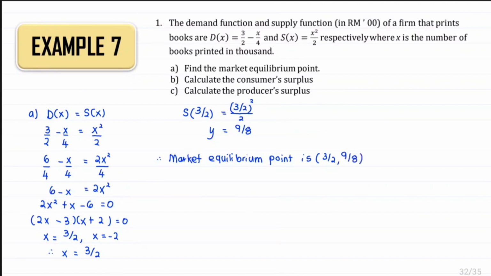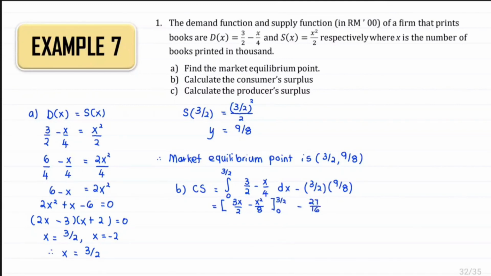Okay, next question, we want to calculate the consumer surplus. To find CS, the formula is integrate from 0 to x. Our x is 3 over 2. Function demand is 3 over 2 minus x over 4 dx, minus point xy, x 3 over 2 and y 9 over 8. Then we integrate, we get 3x over 2 minus x squared over 8, minus 27 over 16.